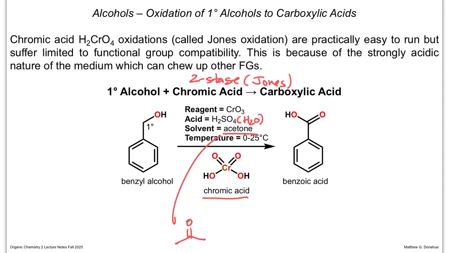The aldehyde does the hydration, and then that gets oxidized up to the acid. Under those PCC conditions with pyridinium chlorochromate, there was no water present. So the hydrate cannot form under those conditions. So it has to stop at the aldehyde.